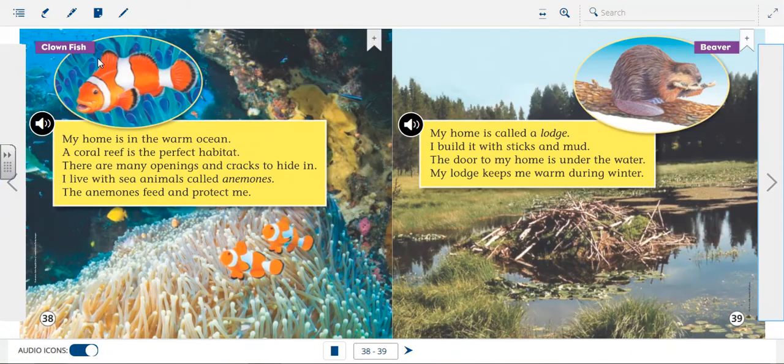Okay. Our next animal is a clownfish. It says, "My home is in the warm ocean. A coral reef is the perfect habitat. There are many openings and cracks to hide in. I live with sea animals called anemones. The anemones feed and protect me."